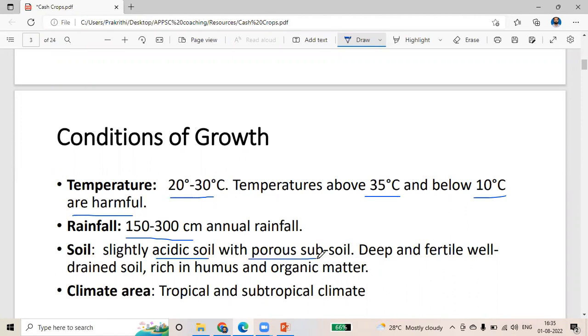That is, water should penetrate through the soil, and it should be deep and fertile. Well-drained soil चाहिए, rich in humus and organic matter. Mostly seen in hilly areas, but as we know, tea is also cultivated in the plain regions of Assam, one of the famous teas in India.